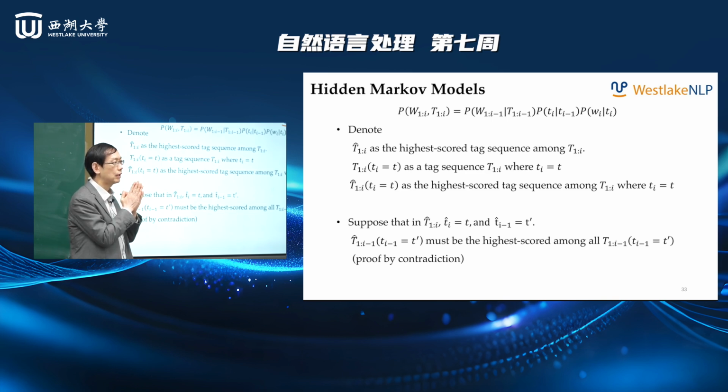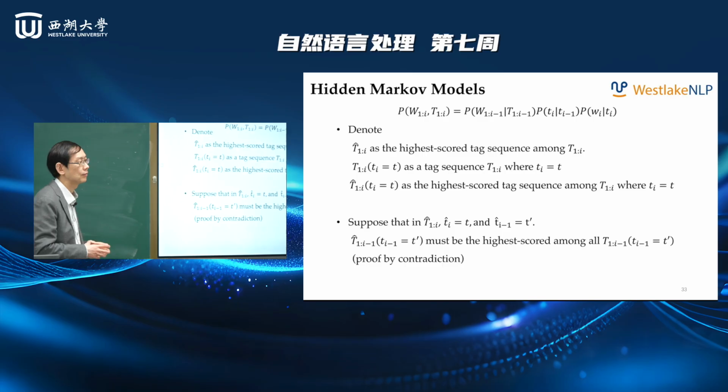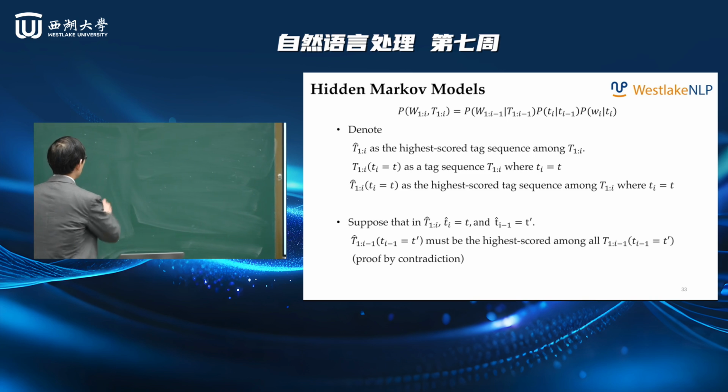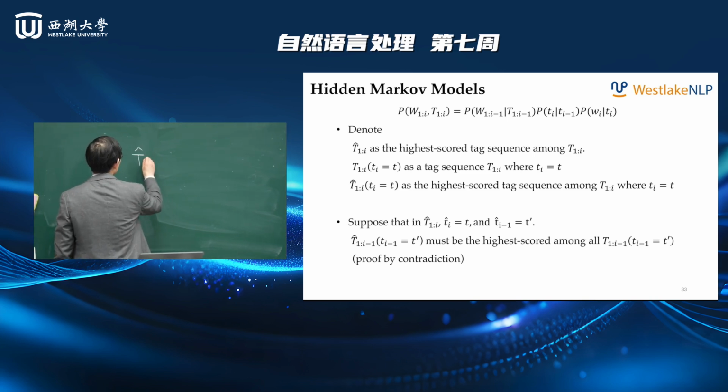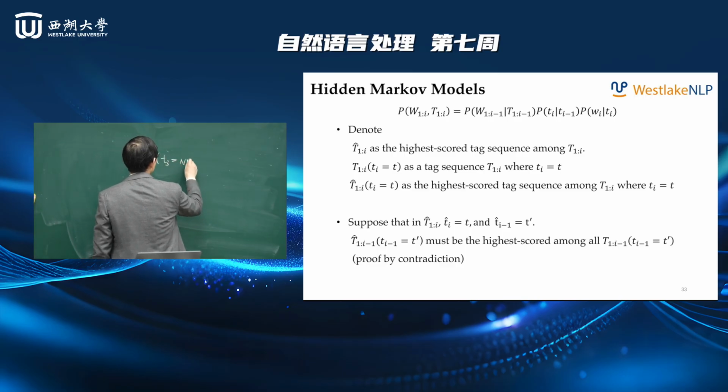And you suddenly realize, okay, if this is true, then among everyone that ends with noun, okay, the optimal one must be contained in the optimal longer sequence. Okay? So I'm adding a constraint, right? I'm adding a constraint that t hat 1 to 3, where t3 is equal to noun.